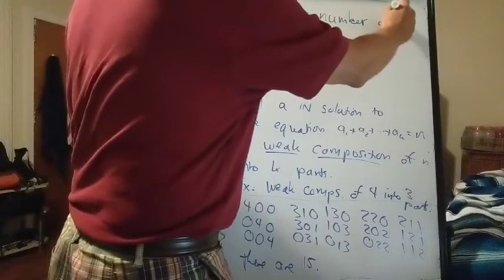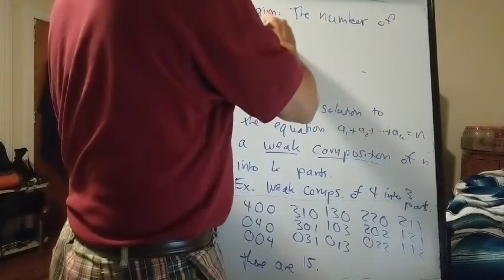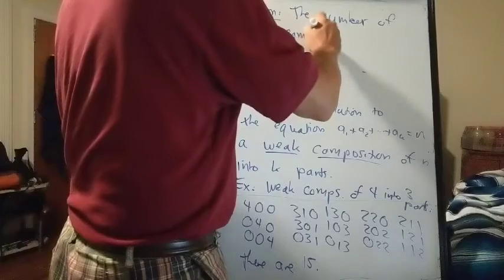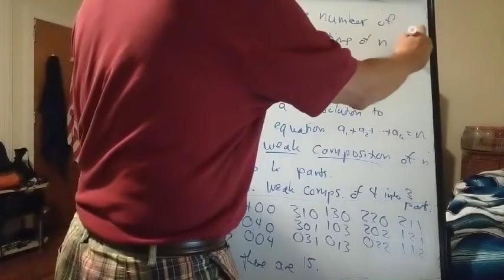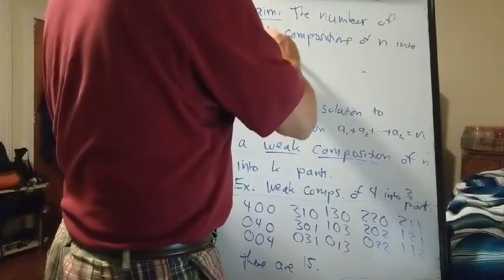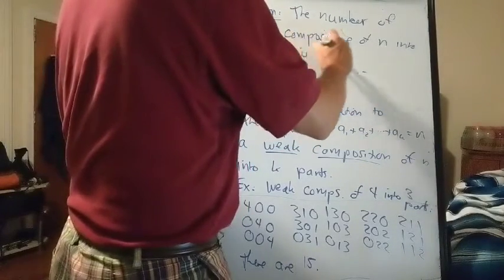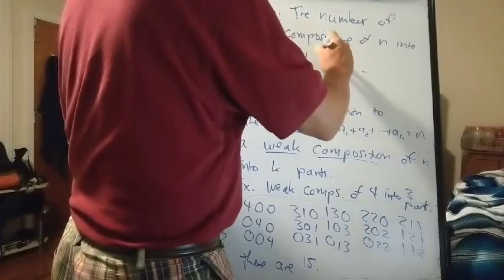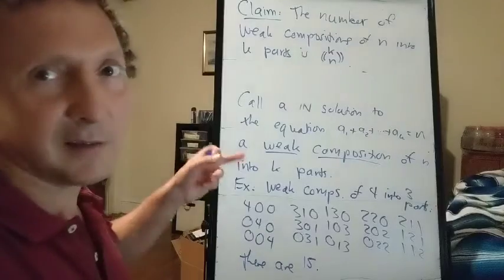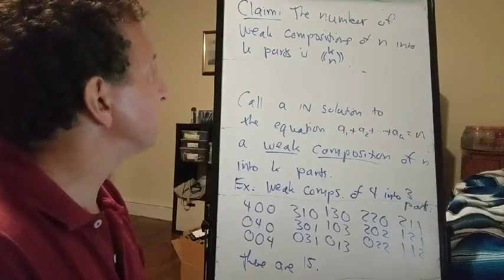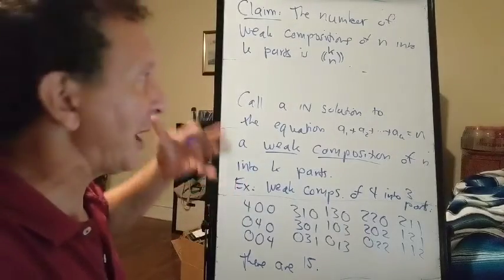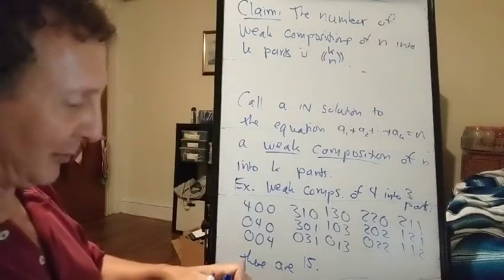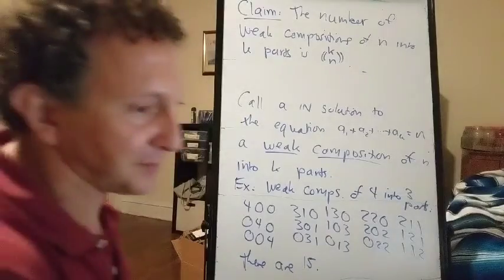The number of weak compositions of N into K parts is K multi-choose N. Now the K and the N in this formula appear in places which might be the opposite of where you'd expect them, so we have to be very careful that we don't confuse them.